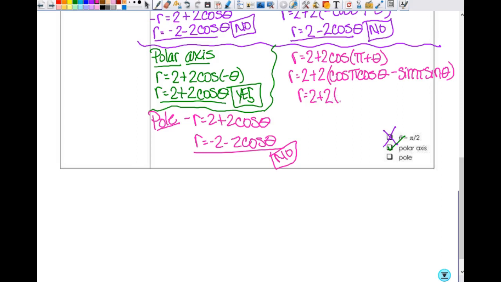All right, so what's the cosine of pi? Negative 1. So this is negative cosine theta again. Minus sine of theta is 0, so the minus 0 really doesn't do anything. So I end up with r equals 2 minus 2 cosine theta. Does that match? No. So we have polar axis symmetry only.